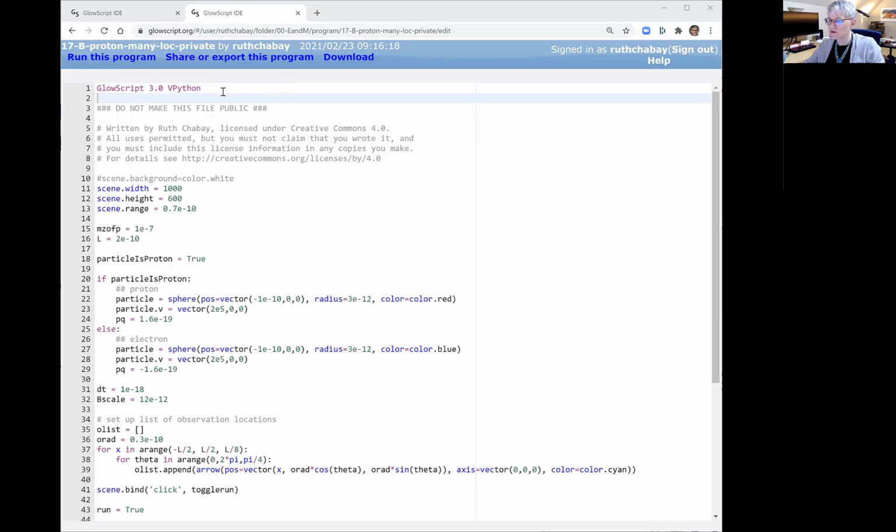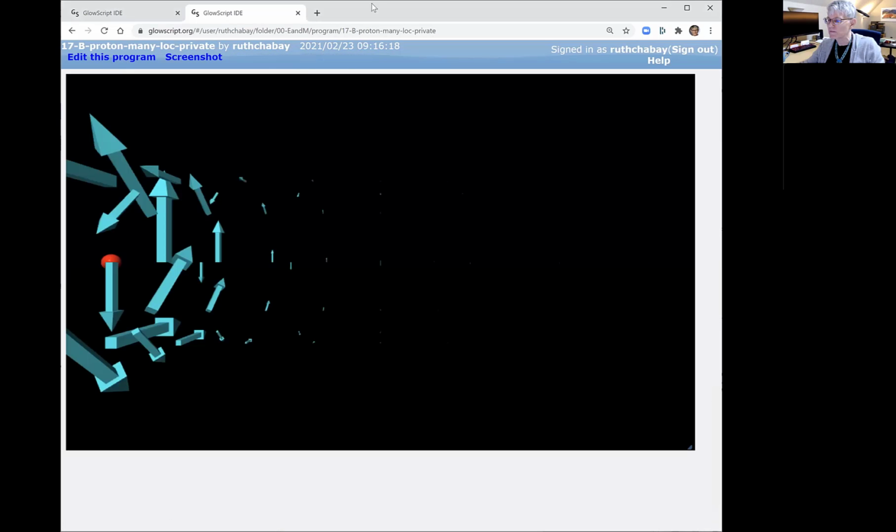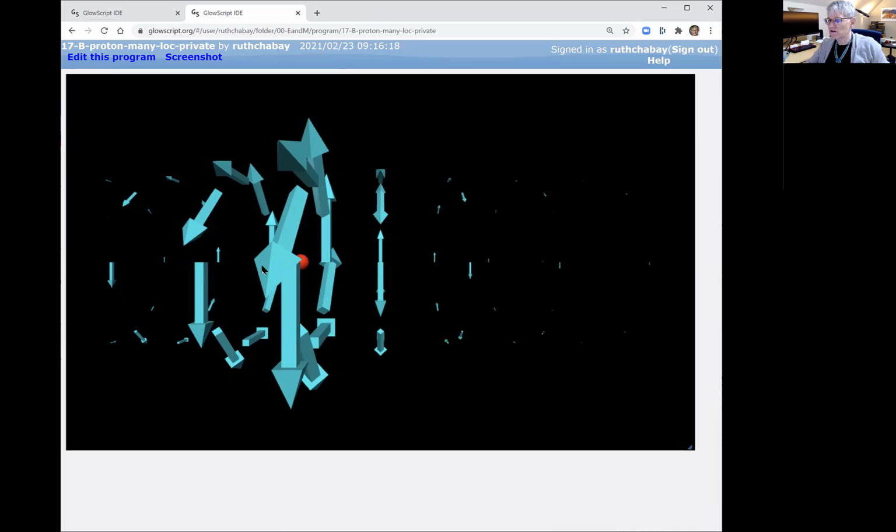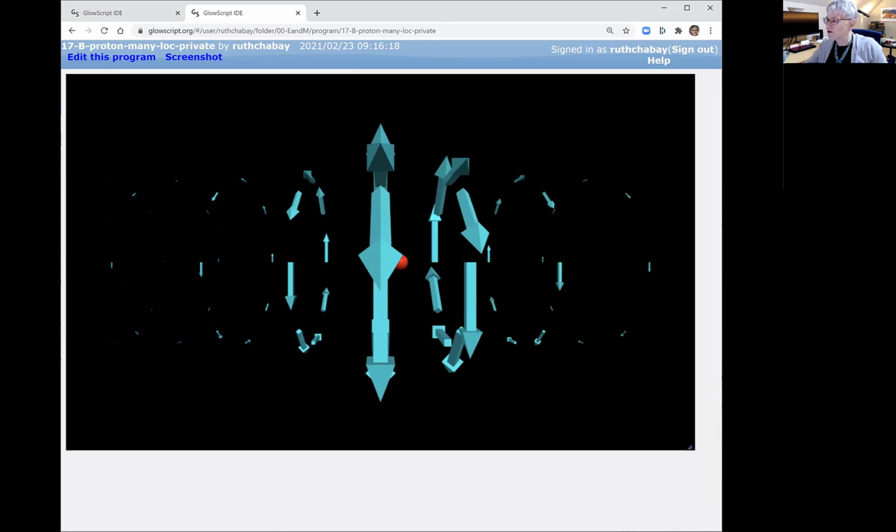So let's look at a VPython program that just shows us a physical model of the magnetic field due to a single moving proton. It's simpler to use a proton because it's positively charged. So the red sphere here is our proton moving along.